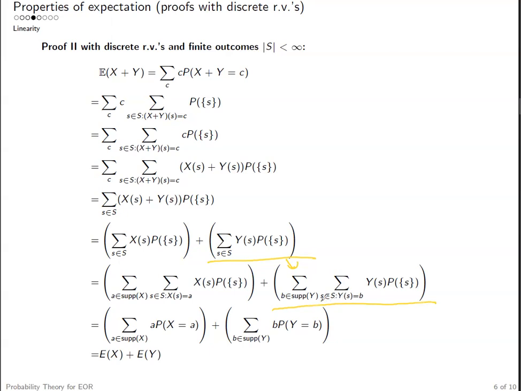If y(s) equals b, we're gonna group those outcomes together, and we're gonna sum over all possible values taken by this random variable y. Essentially, this term and this term take exactly the same value, and this term and this term, if the summations are well defined, also equal exactly the same number.